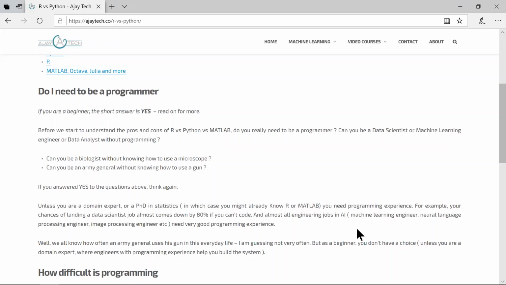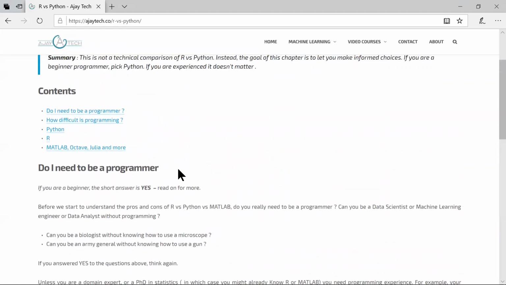But what you have to be a good machine learning or data scientist is be able to understand and grab concepts well. Okay, so to understand the question simply, do I need to be a programmer? Yes, you need to be a programmer of some sort, but programming is not such a big deal in data science.